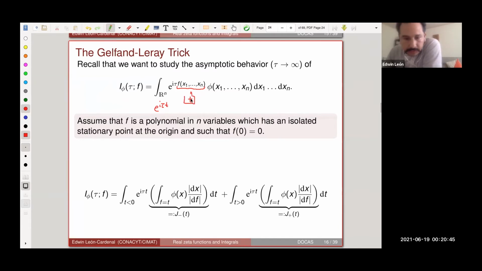What do we need to make something like that? Well, I'm going to use the following thing.